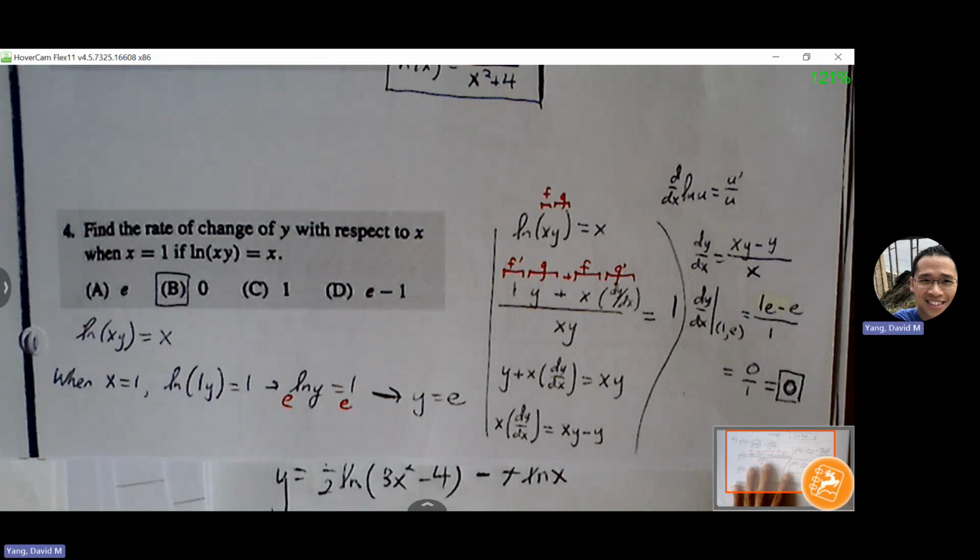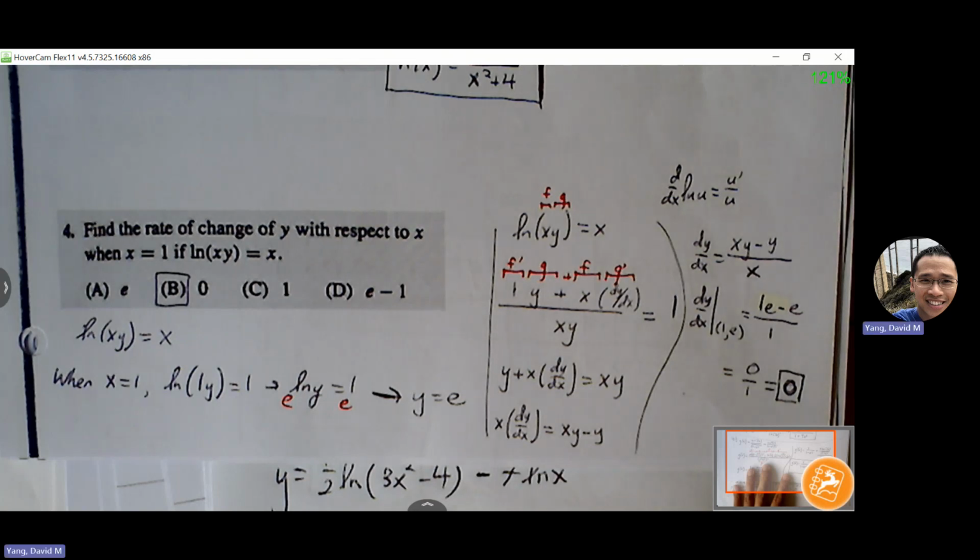Okay, so now that I look at this problem, I could have taken potentially a cleaner path. Because natural log of xy, what I did was I did u prime over u, and I forced myself to go through product rule there. So let me walk through this process first, and then I'll go through a different way of working through it.